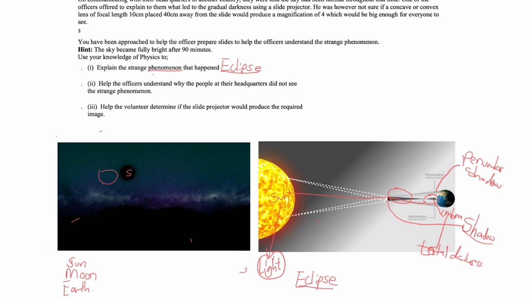So now I think we can answer this item by explaining how an eclipse is formed, like we have seen above. Okay. Help the officers understand why the people at their headquarters did not see the strange phenomenon. So these officers from another country did not see the strange phenomenon simply because they are in a region where an eclipse did not occur.